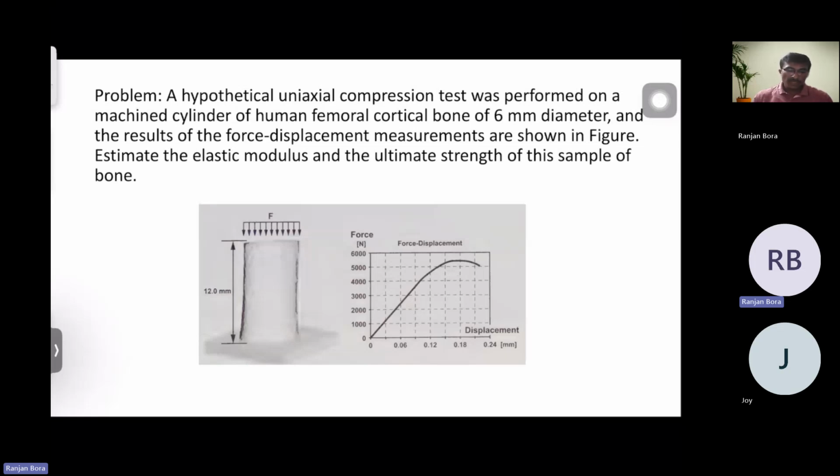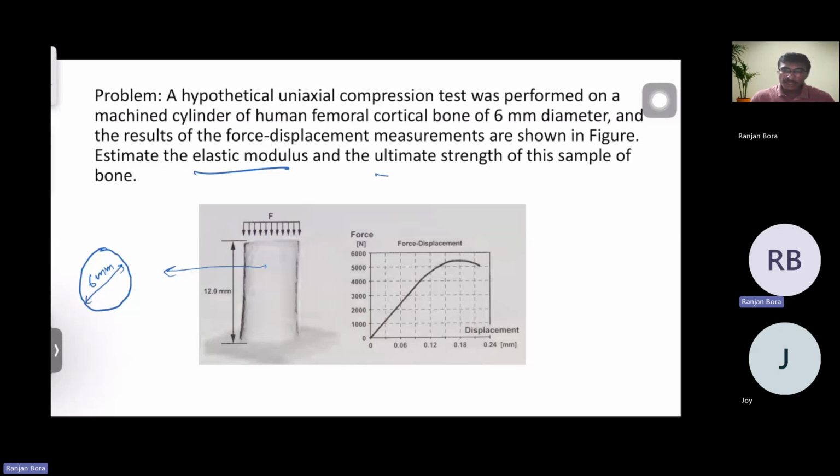So the cross section of this bone is a cylinder, that means circular, and the diameter is given as 6 mm. We have to find out the elastic modulus and the ultimate strength. So what is the elastic modulus? It is the slope of the stress strain curve.